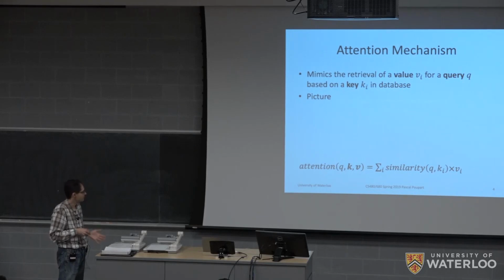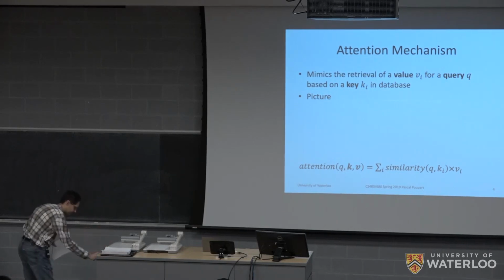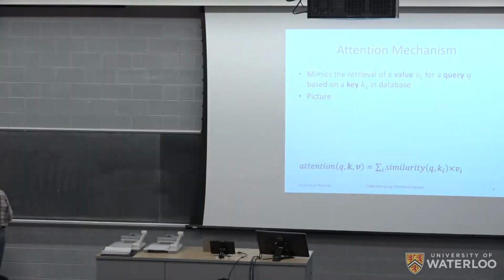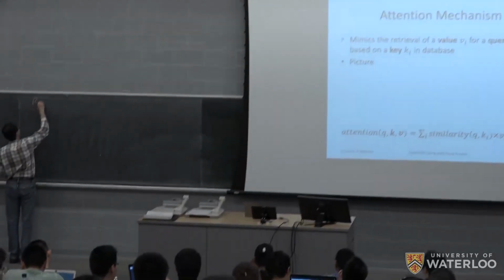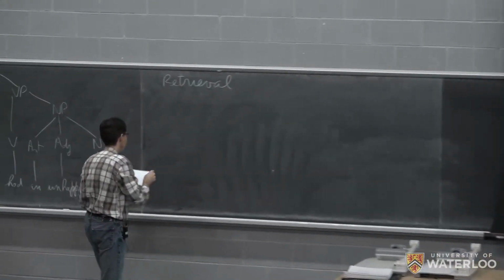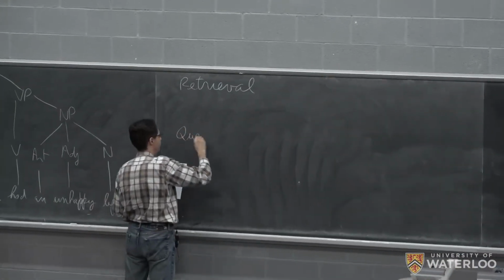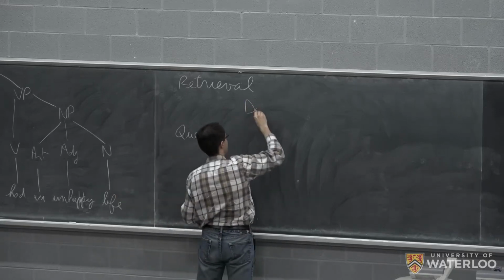And then we'll see that in our case, we're going to enable the same type of computation that would normally happen in a database, but using this equation here. OK, so let's say I've got a query. And then I've got a database.